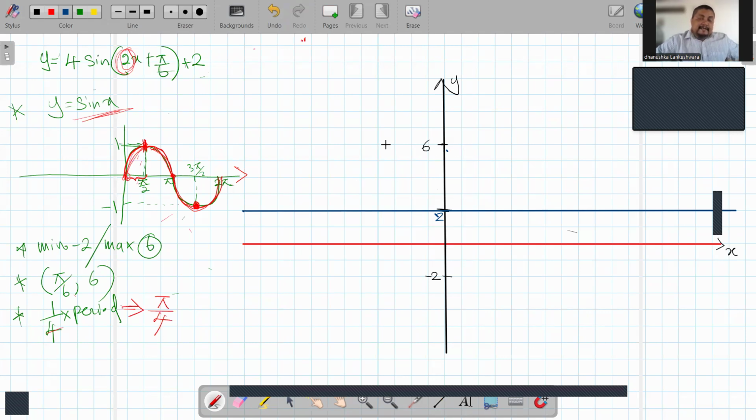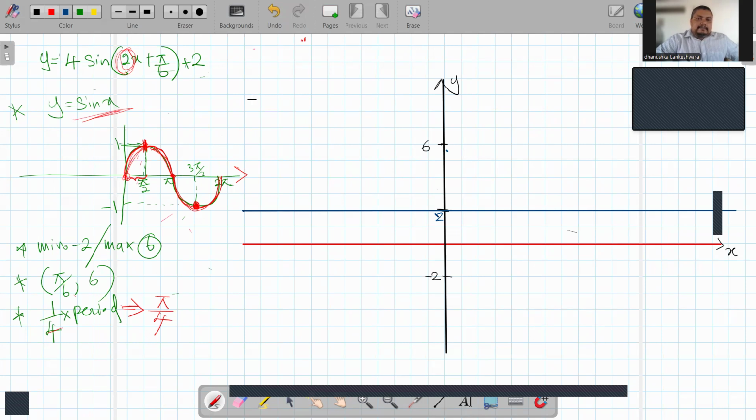But another important thing has to be known. That is, how would you mark the x-axis? How would you divide the x-axis? The divisions of the x-axis. There is an easy way to do that.